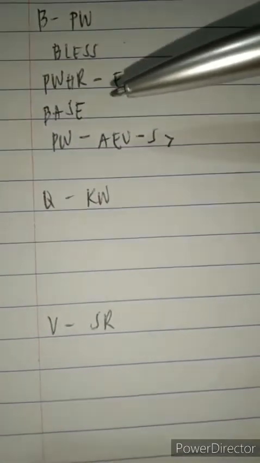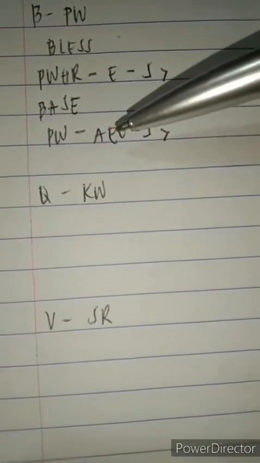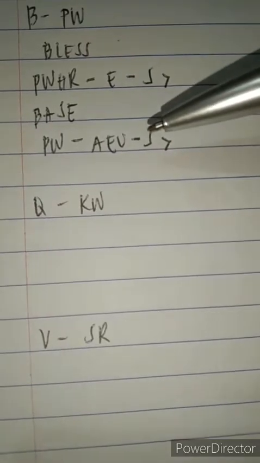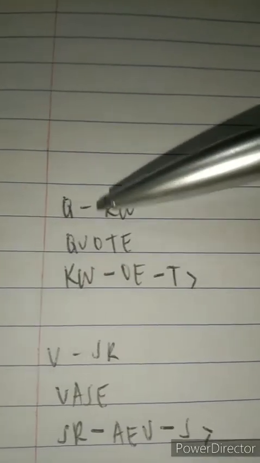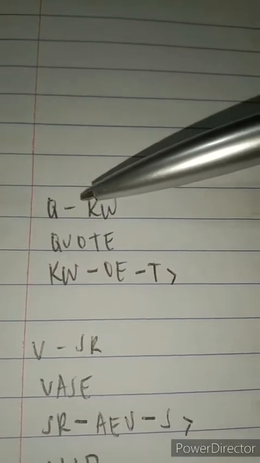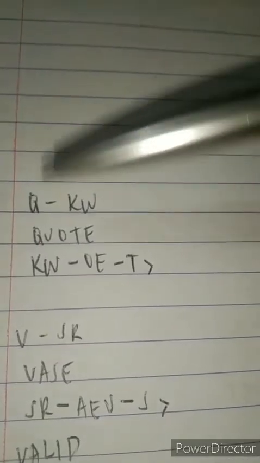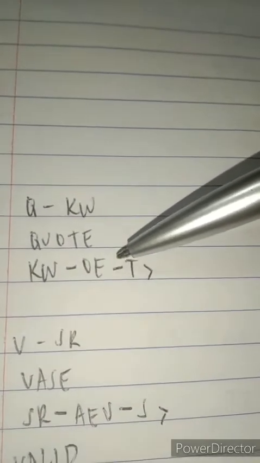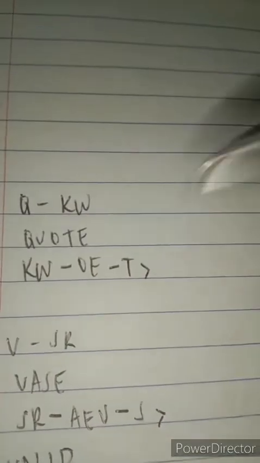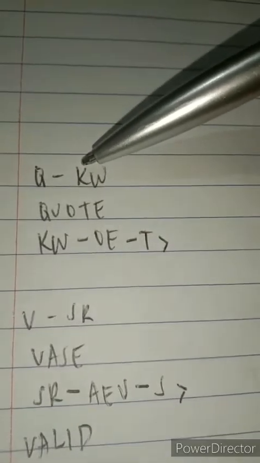For the next example, the word base, PW, and then long A, AEU, and then ending sound S, and then release. Here with Q, it is represented by K and W. So, this example, quote, KW for Q, and then vowel letters OE, and then ending letter T, and release. So, again, Q is represented by K and W.